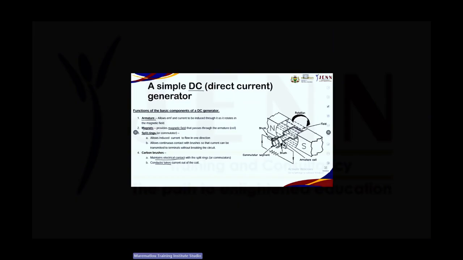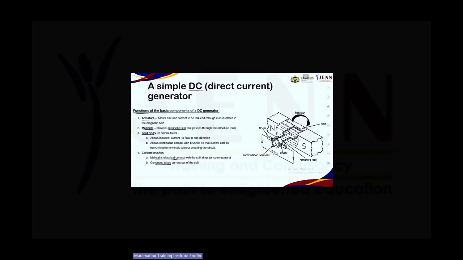Now, grade 12s, it's important for you to be able to identify each of these components and give their functions as well. These are easy 1 or 2 marks that you can get. So you should score when it gets to electrodynamics.